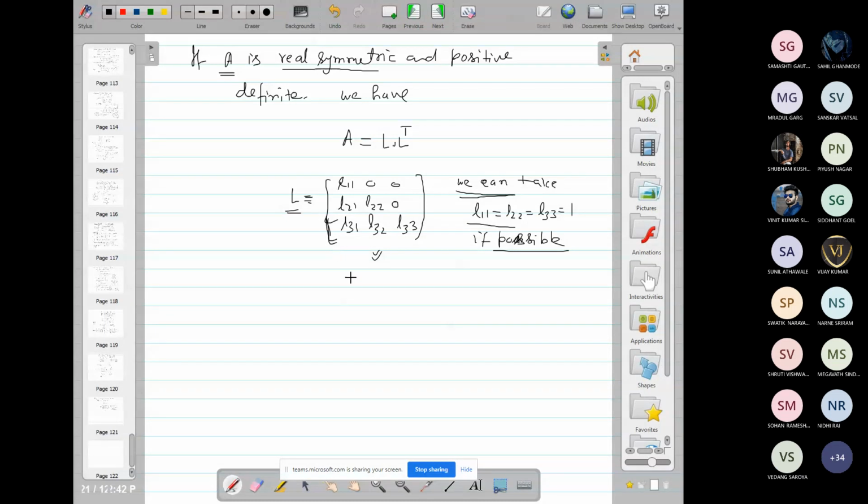So if matrix A is known, then by this matrix L and L transpose are obtained.